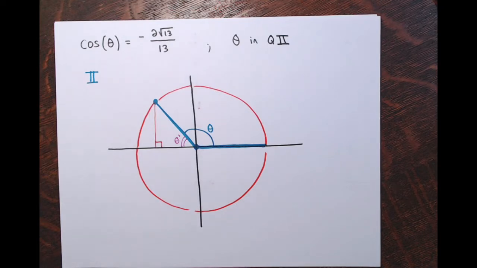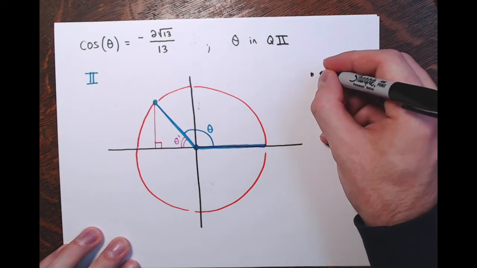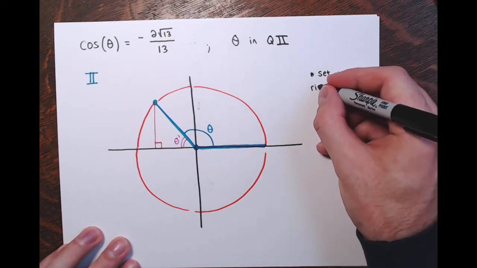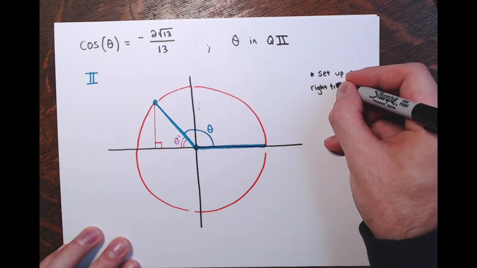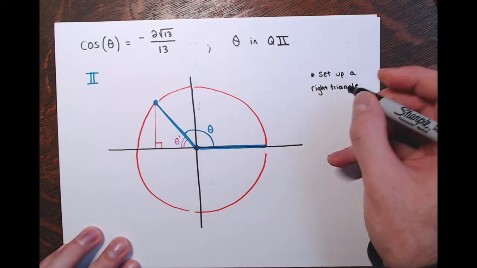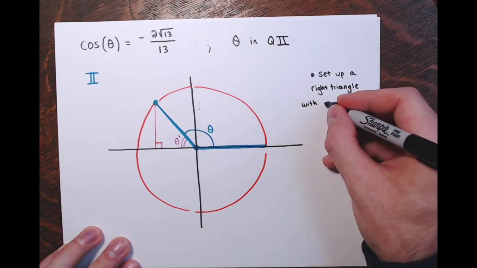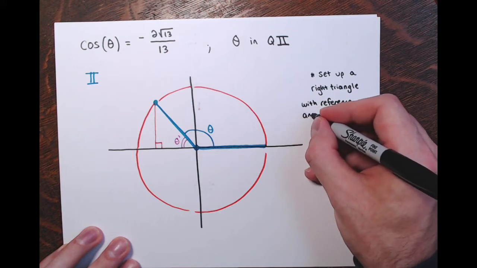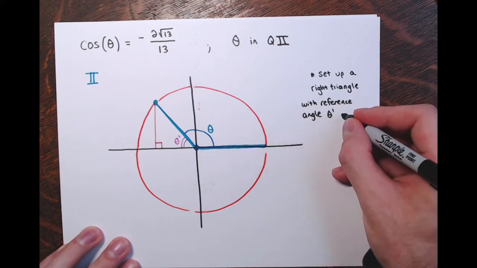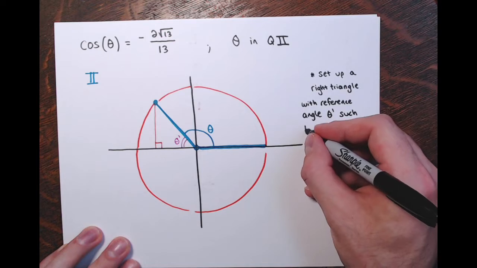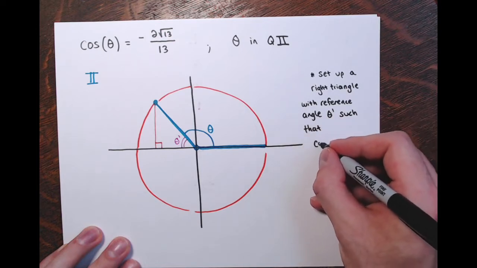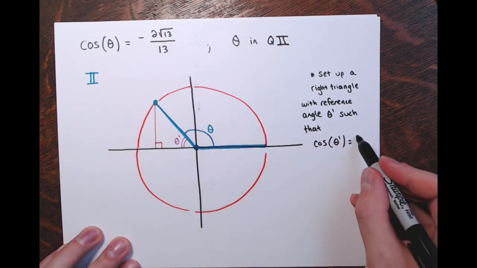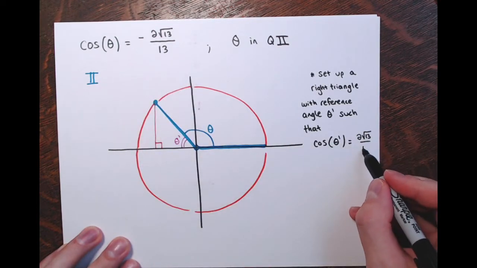So off to the side, here's what I'm doing. I'm setting up a right triangle with reference angle theta prime such that the cosine of the reference angle is 2 times the square root of 13 divided by 13.